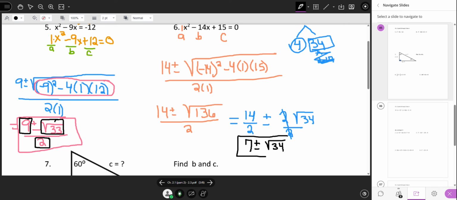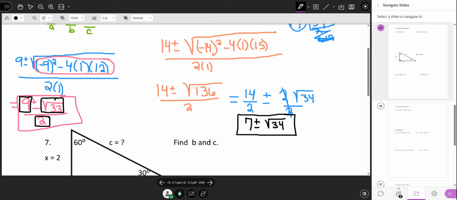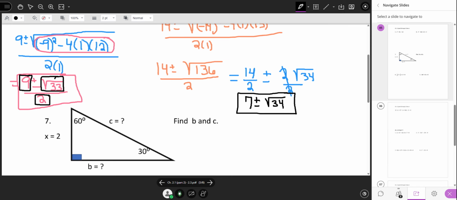So that one does clean up a little bit. Not fully, because the square root of 34 is kind of nasty. Just saying.